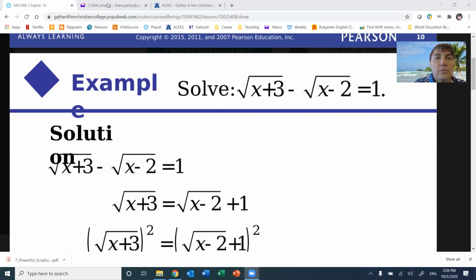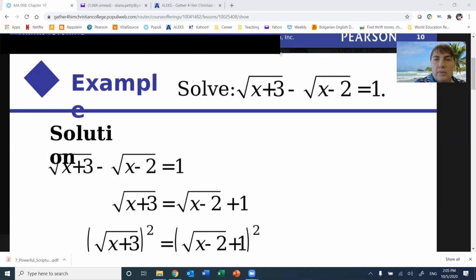So you can tell me what it is. So Mariana, what was the problem? It is the square root of x plus 3 minus the square root of x minus 2 equals 1. Okay, so here, now we have 2 radicals.